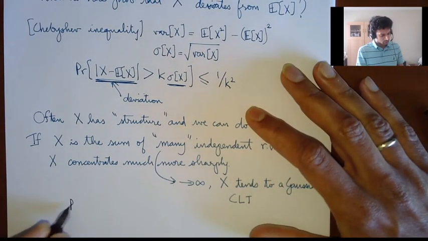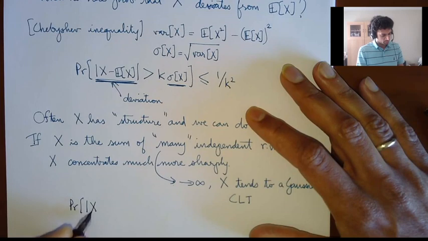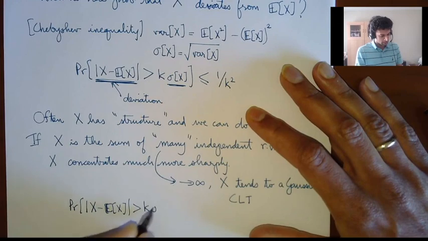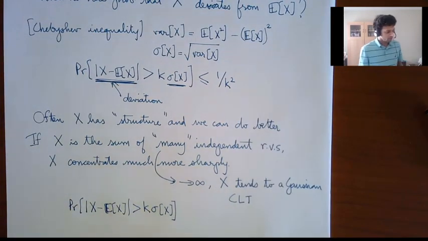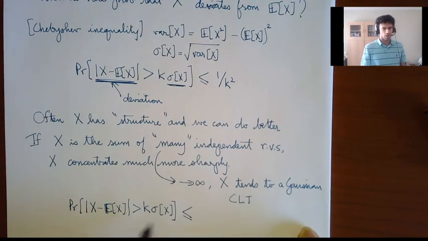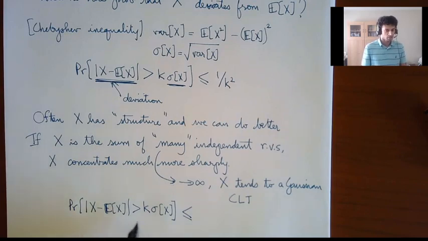So a Gaussian is going to say, what is the probability that x deviates from its expectation by k times the standard deviation? So what does this look like in a Gaussian? If you have a Gaussian, ignoring constants, can someone hazard a guess as to what the expression is? What is the probability of deviating k times the standard deviation in a Gaussian?